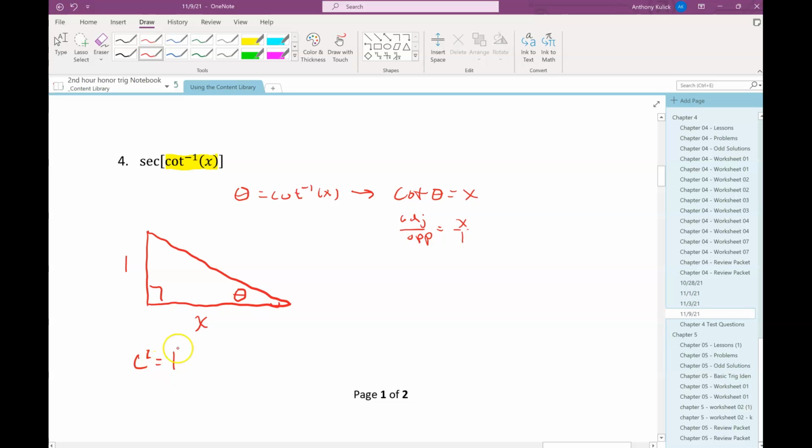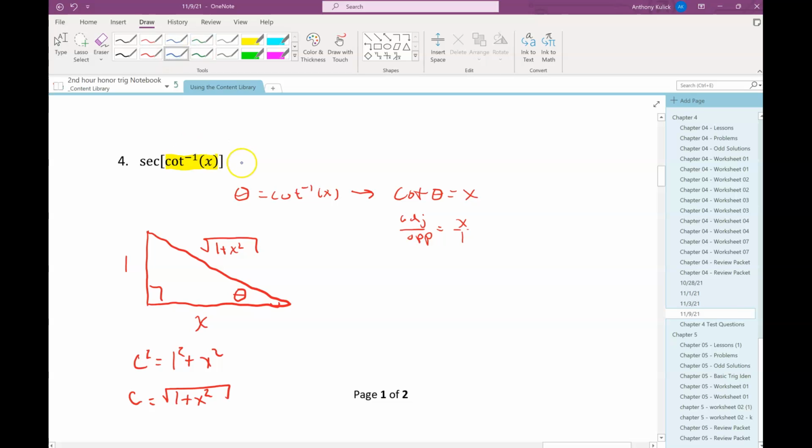So I know that a squared plus b squared should equal c squared. So my c should be the square root of 1 plus x squared. And that square root has to be positive because we're talking about side lengths in our triangle, so I can't have a negative side length. So far, so good? Okay.